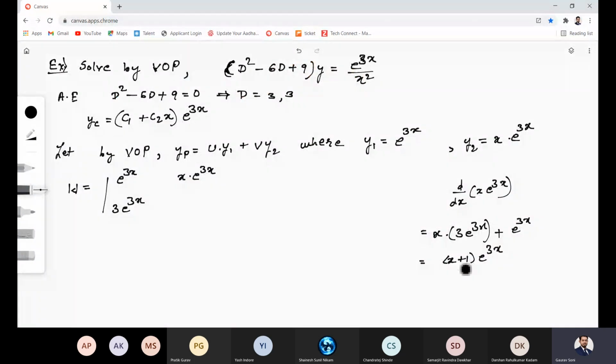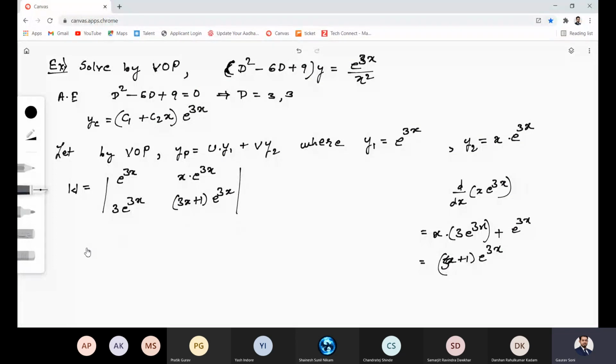Oh, sorry, that is 3x plus 1 e to the power 3x. So I will write it down here, 3x plus 1 e to the power 3x.